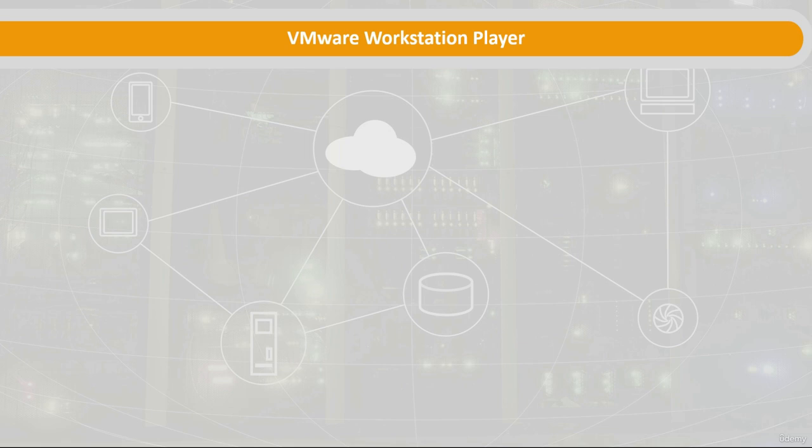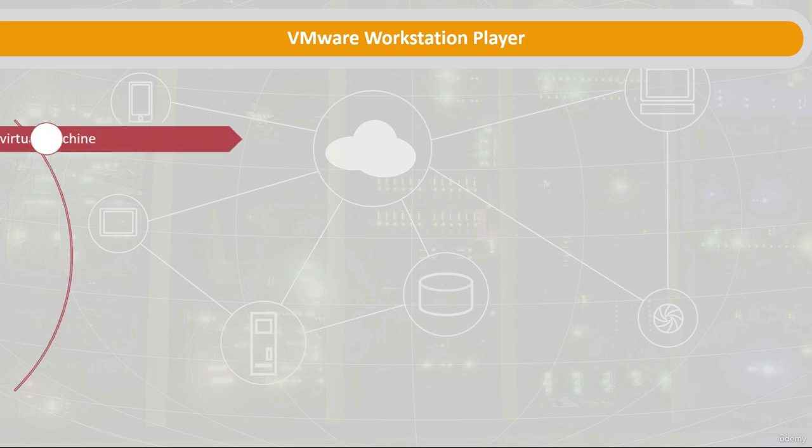VMware Workstation Player. So with virtualization software, you can create a fully functional real-life network inside your host computer. Virtualization software is very powerful, and they also have a rich set of features that compare to dual booting machines.